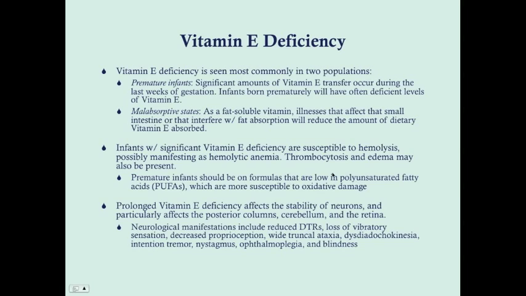Well, these fatty acids, polyunsaturated fatty acids, are a little bit more fragile. And so if an infant is getting these polyunsaturated fatty acids, well, that's fine if they're incorporated into cells that have vitamin E, because the vitamin E is going to be protective.